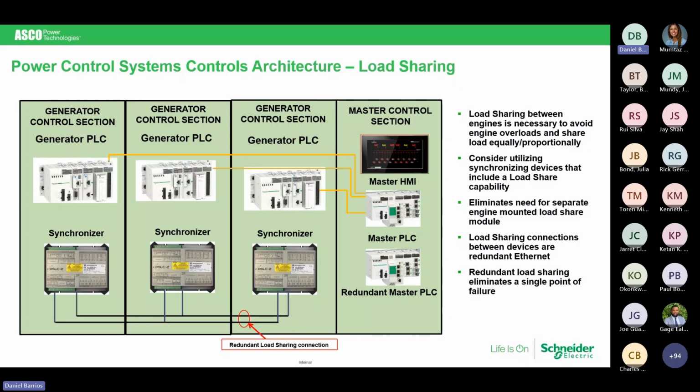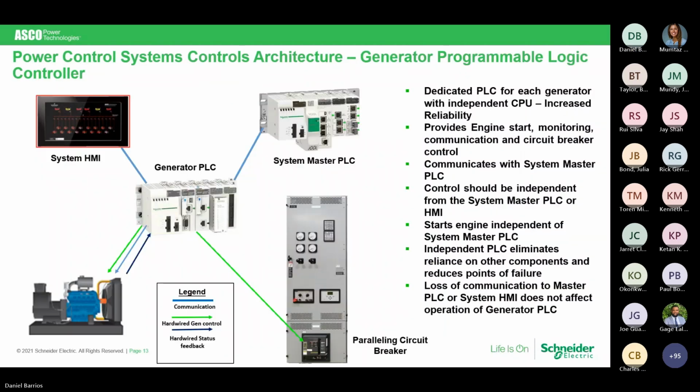And those two float together where we are not trying to put 2 megs of power onto the 1 meg generator. Consider utilizing synchronizing devices. Include load share. Yes, this is an enhancement that I think is something that will give you much more single point of failure, removing some of that. The load sharing connections are redundant and Ethernet.